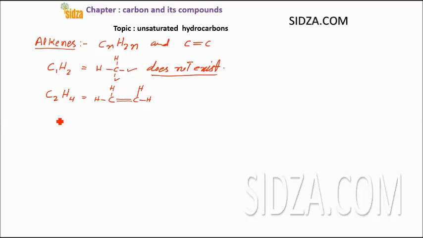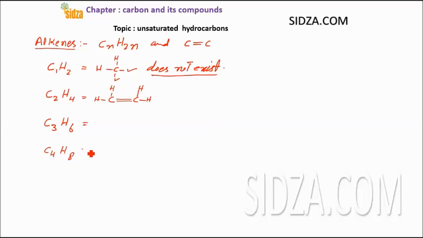The next member of the alkene family will be C3H6. With 3 carbon atoms, the number of hydrogen atoms will be 3 into 2, that is 6, so C3H6. Then the next member will be C4H8: 4 into 2 is 8.